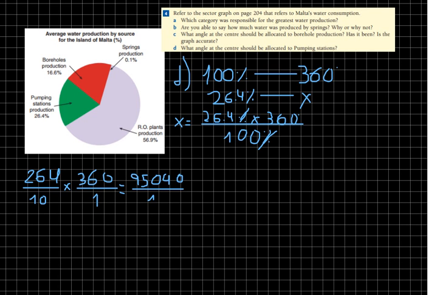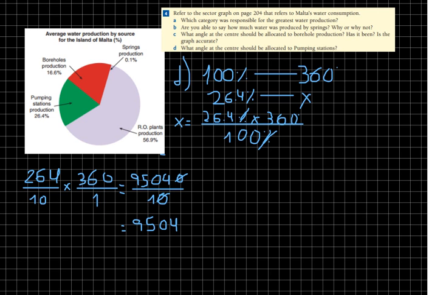We can cancel 1 zero in the numerator and another zero in the denominator, and what we're going to have is 9,504. Don't forget that every fraction with 1 as a denominator is in fact an integer.